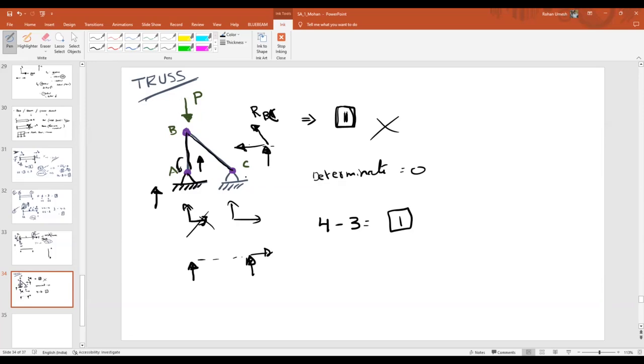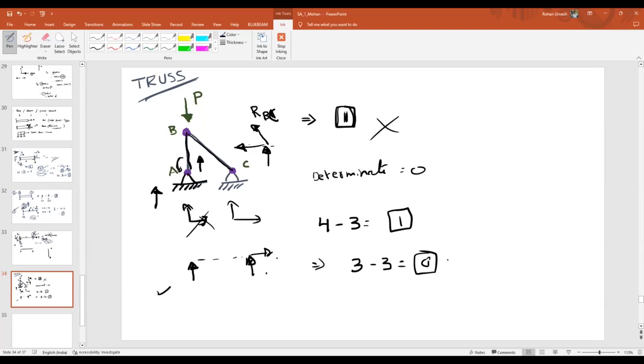That's why at C there is a possibility of forces generating in both directions. So at A, I will consider only one reaction, and at C, both. So the net value is 3. Equilibrium equations are 3. So 3 minus 3 is equal to 0. Any doubts?